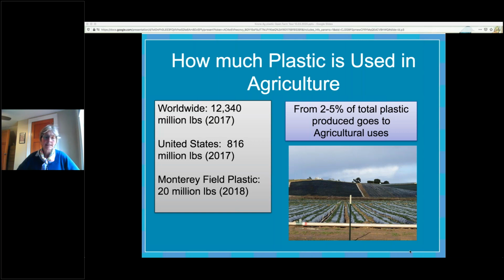And we found 20 million pounds of plastic were used on agricultural fields. You can see the type of plastic that's used here in that picture, with a strawberry field and some plastic mulch that's used on that field to prevent weed growth and increase yields and improve water retention and a number of other benefits. Next slide.